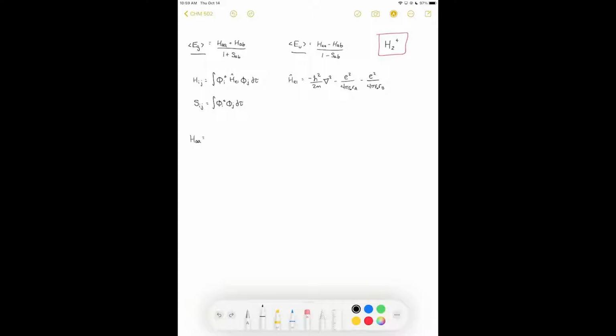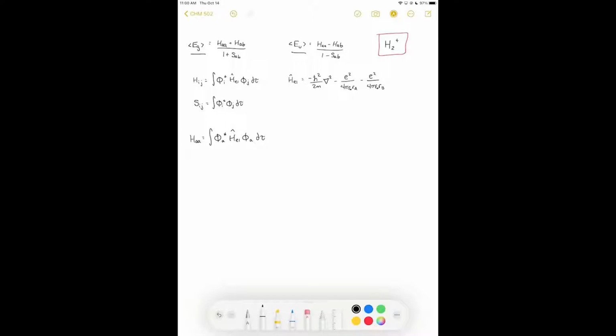So what we're going to do is integrate over phi A, and remember phi A is the 1s orbital for hydrogen A. And then we're going to operate on phi A with the total energy operator for just the electrons. And then we'll integrate it over the respective variables.